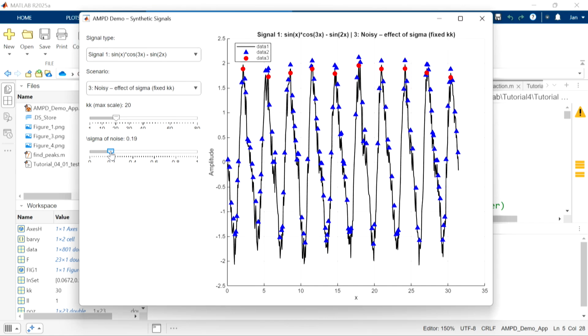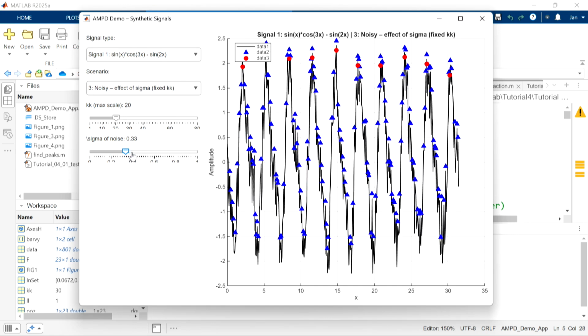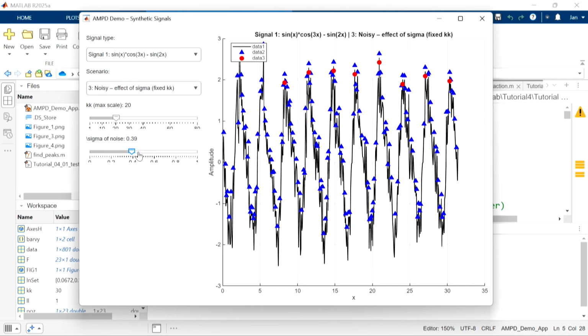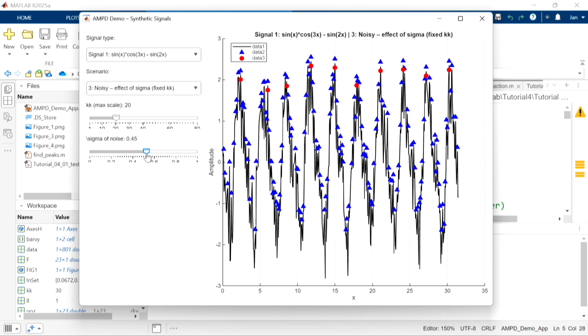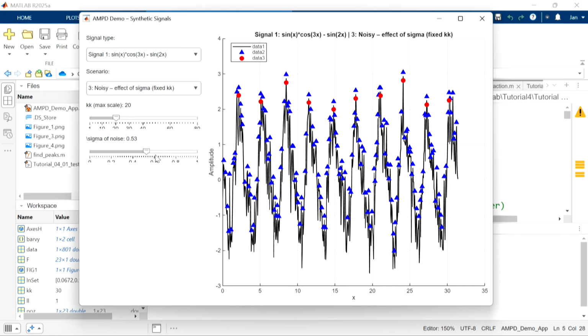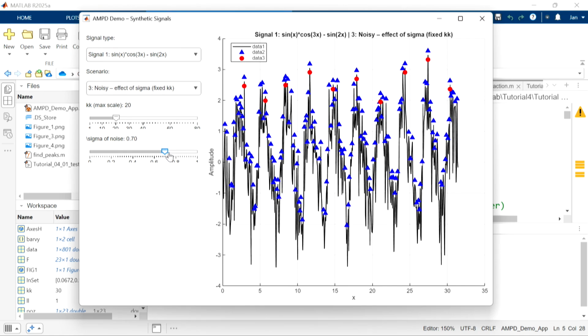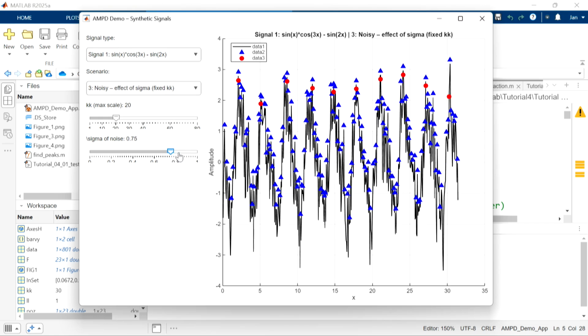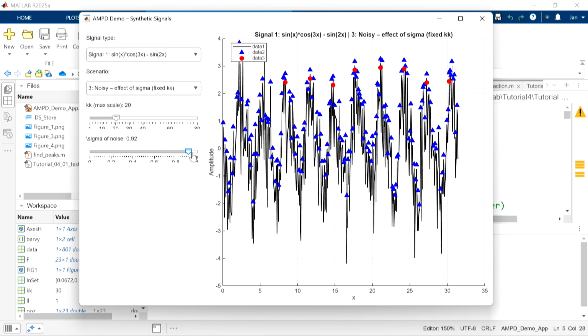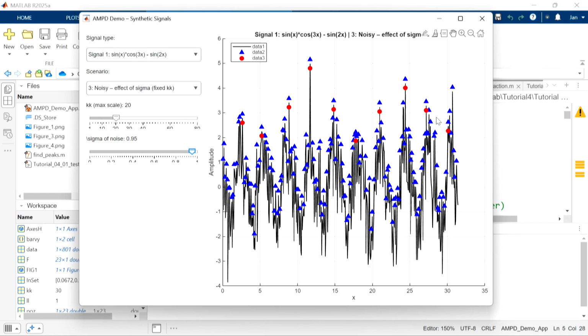If I include the noise for some harmonics, you can see the blue one is bad, but the red one, even for more and more noise, still works pretty fine. And it still works, because there is a big difference. So you can see that the local maxima AMPD relatively works nicely.